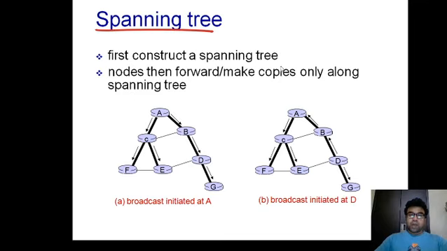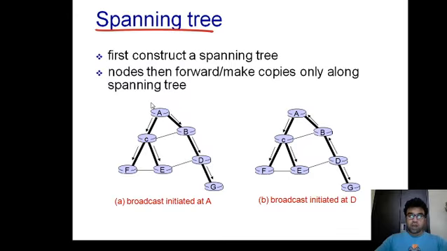First, construct a spanning tree. Nodes then forward copies only along the spanning tree. The first thing you see in this particular network is that this network has 7 routers.